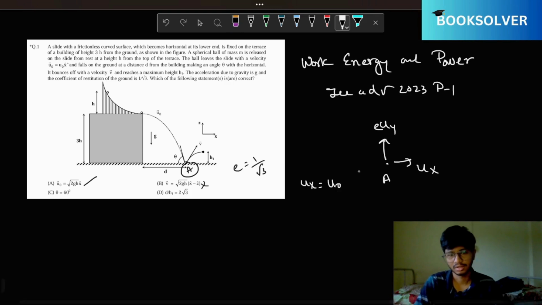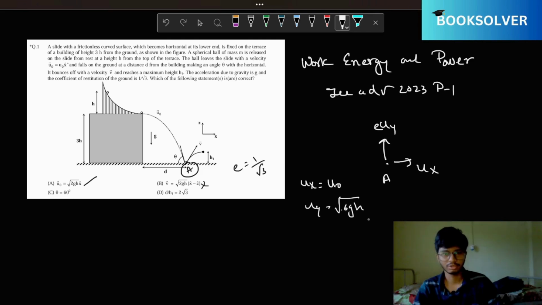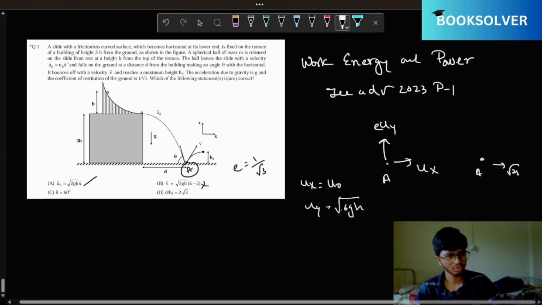Or we can do v square equals 2gh. So uy is equal to root 6gh. Energy conservation can also be used for this. So e times uy means we divide by root 3, that would be root 2gh. So we have root 2gh here and root 2gh here. So v is equal to root 2gh times x plus z, whereas in the option it is minus z.